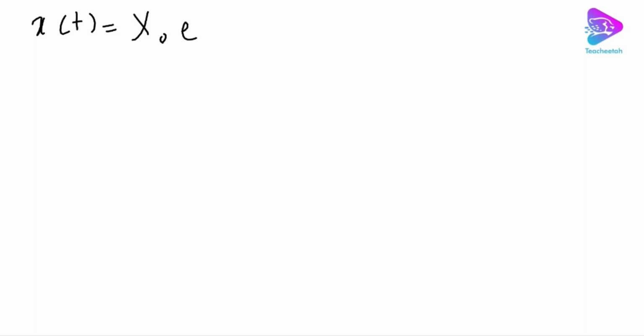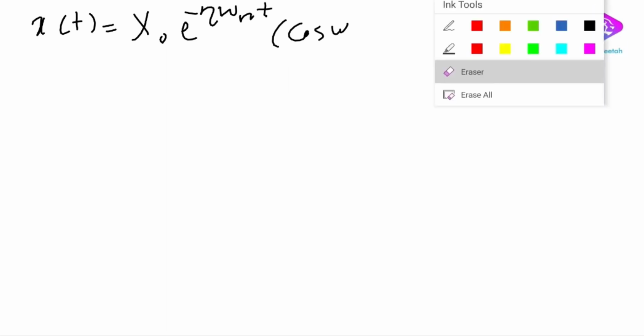So X naught e to the minus zeta omega n t cos, I just want to use omega n times root of 1 minus zeta squared, but why don't we use omega d, because we already calculated that.